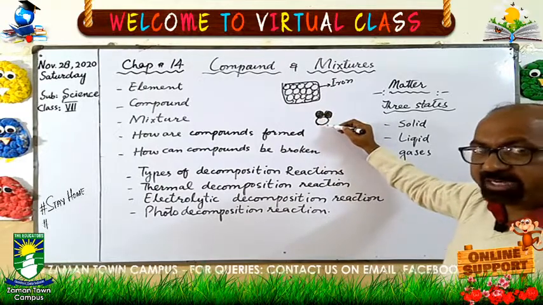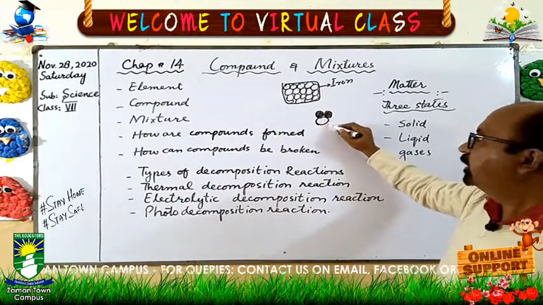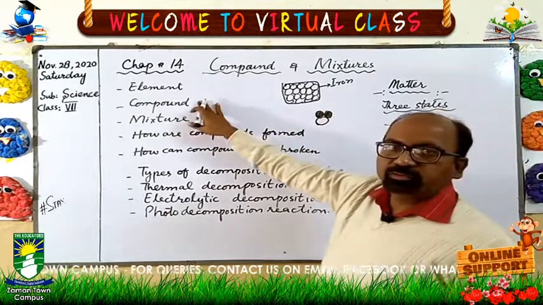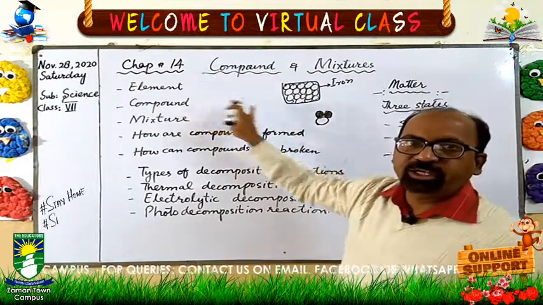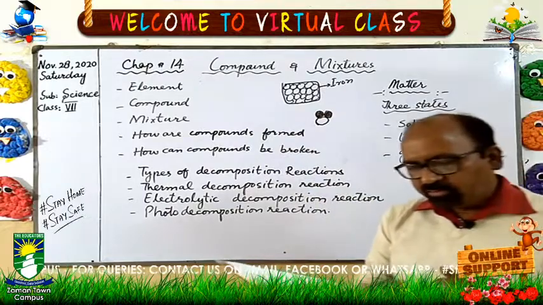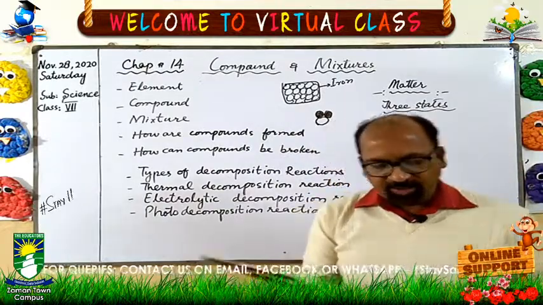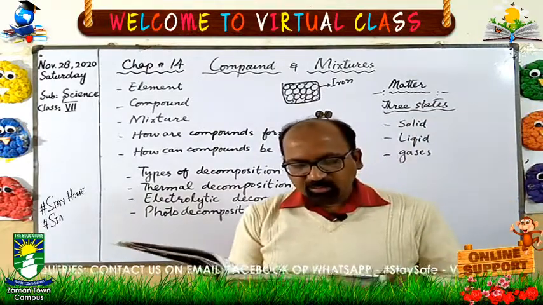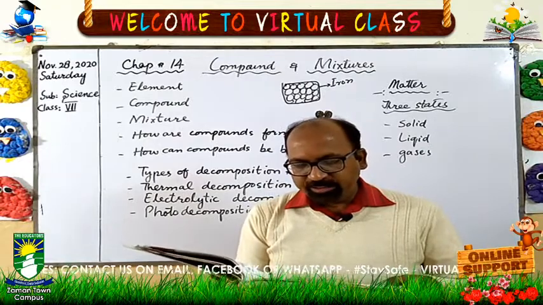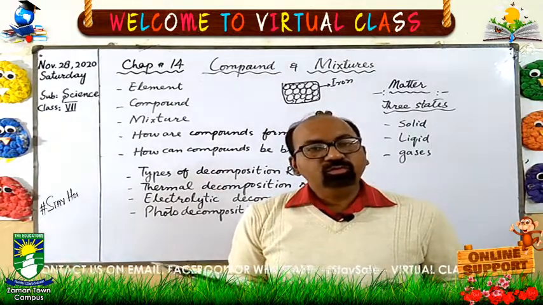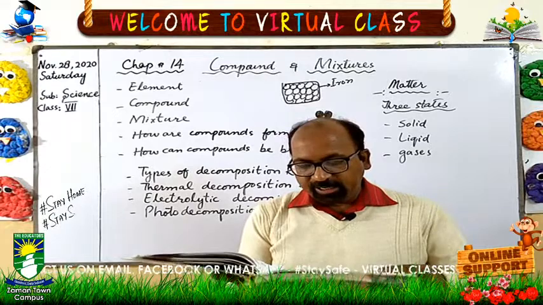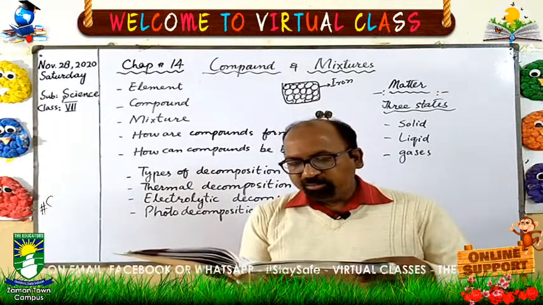When they combine together, they are changed into a compound. Now see what a compound is. It consists of atoms of two or more different elements bound together.